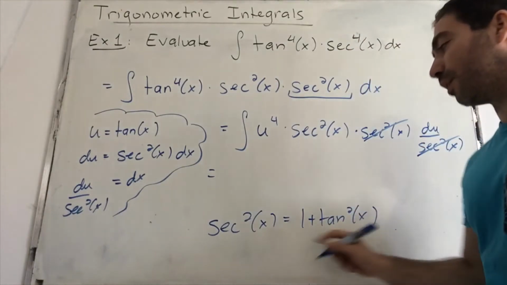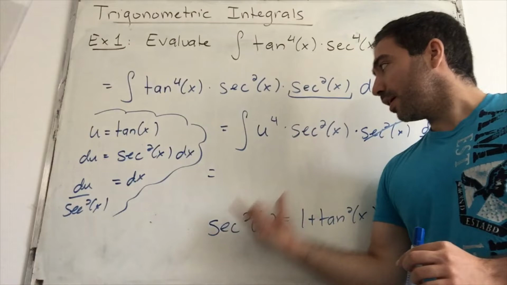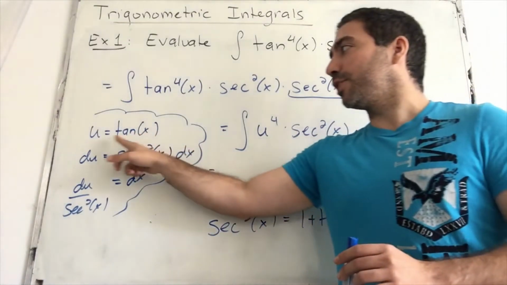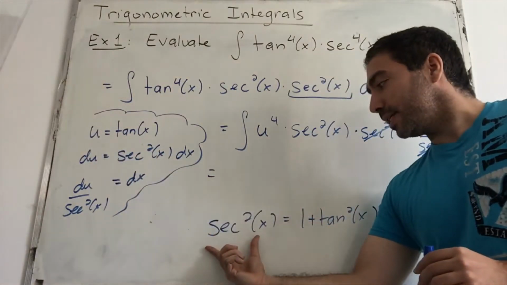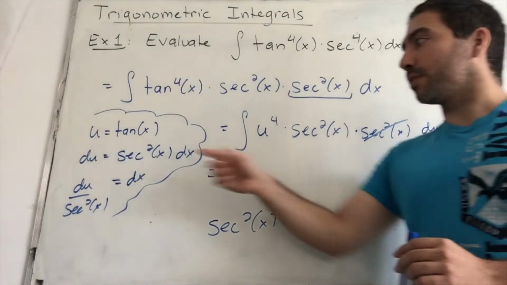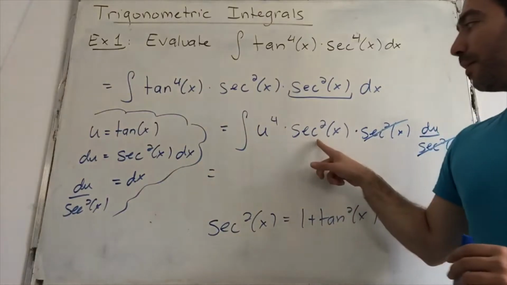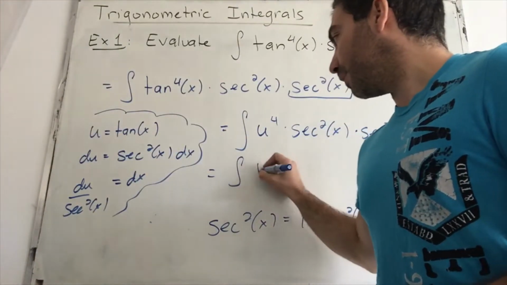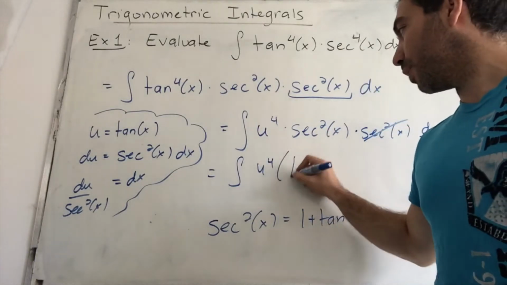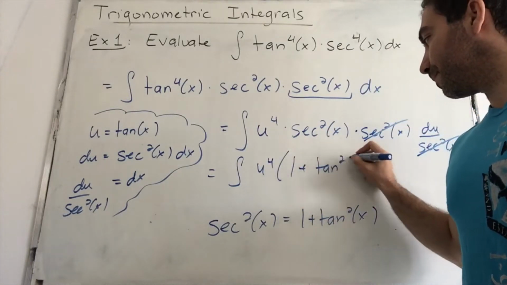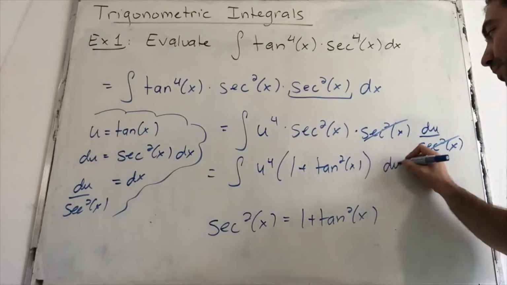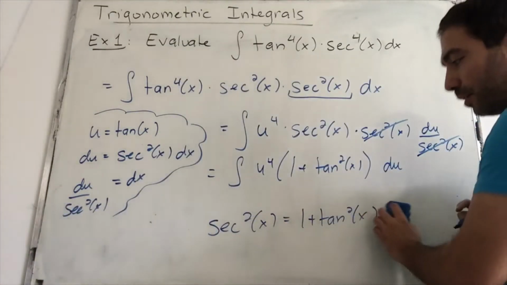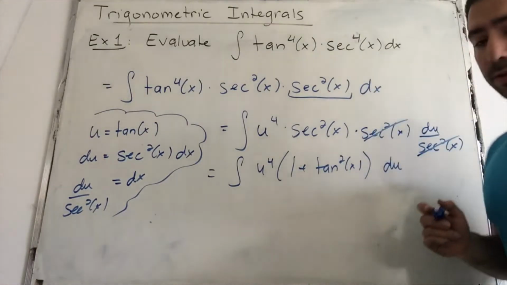This is the property we have to use, because we want to rewrite this in terms of u, so we want to use only tans, because we have a relationship between tan and u. Rewriting secant squared as 1 plus tan squared opens the door for the u substitution, because we can substitute the tan with u. So let's do that, giving us u to the 4, secant squared written as 1 plus tan squared, du. Keep this property in mind. This is the one you're going to be using for these types of problems.